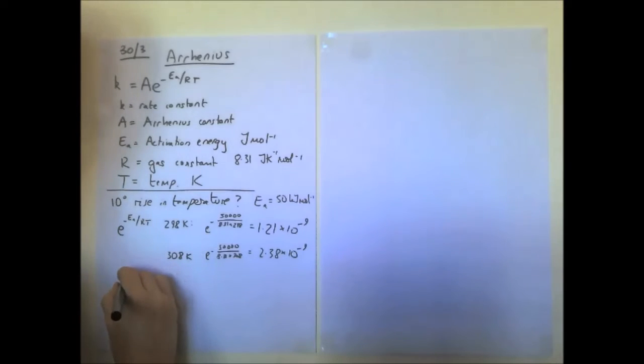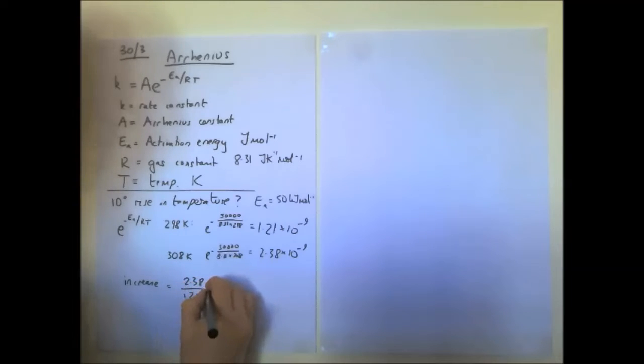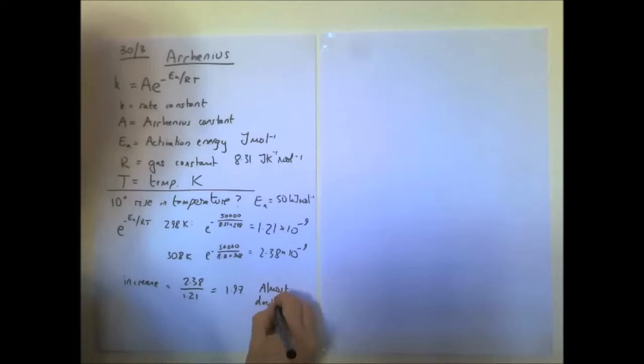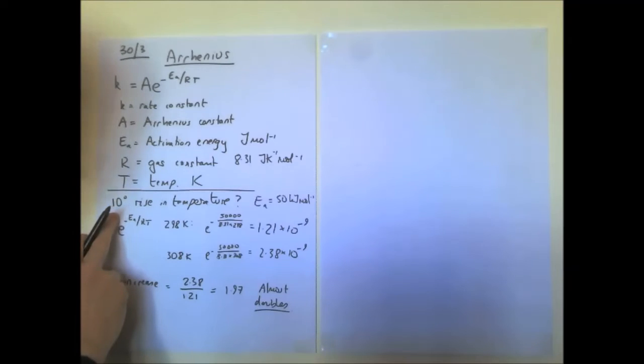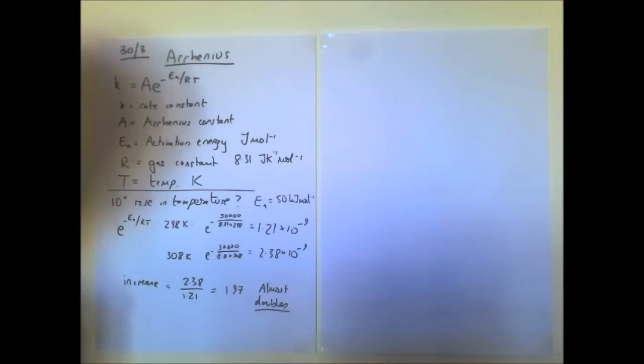And if we look at the increase, 2.38 times 10 to the minus 9 over 1.21 times 10 to the minus 9 is almost 2. So this is a good rule of thumb: a 10-degree increase in temperature almost doubles the rate.